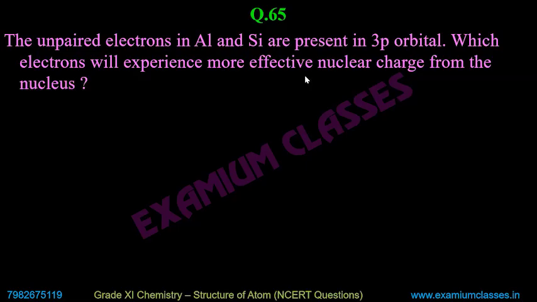Okay, Pranav and Kavish. Karthikeya also. Okay, Pranav, yes. Tell me the answer. Sir, the unpaired electron in Si will experience more effective nuclear charge. Okay, why? Sir, because its atomic radius is smaller.